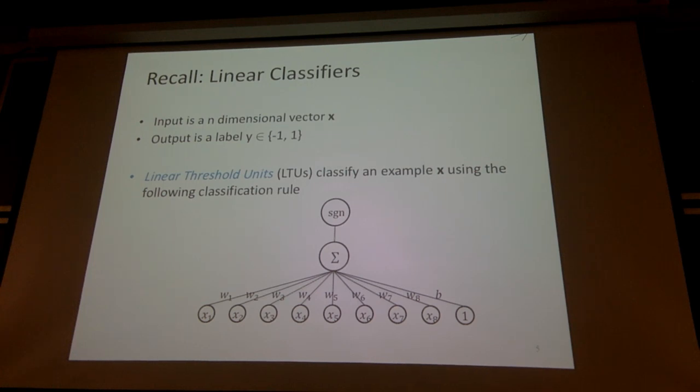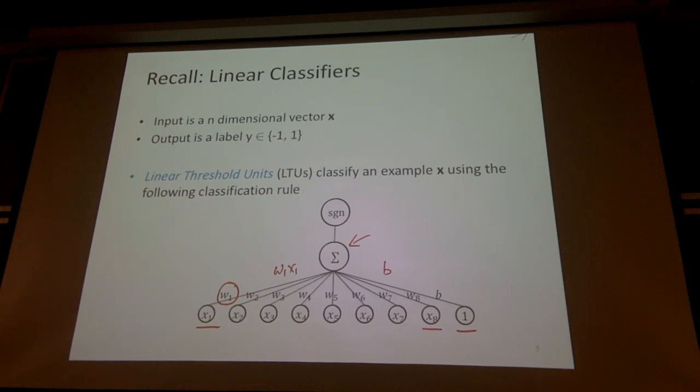And the idea is that when the value is placed at this node x1, the information flows along the wire to the other node with the sigma, and when it flows along the wire, it gets multiplied by whatever is on the edge. So you get W1 x1 here, and here you get B because B is multiplied with 1. All these things are added up by the summation unit, and then there's another unit at the top that takes the sign. This kind of a thing is called a computation graph, where every node represents some computation that's done, and edges represent information flow.